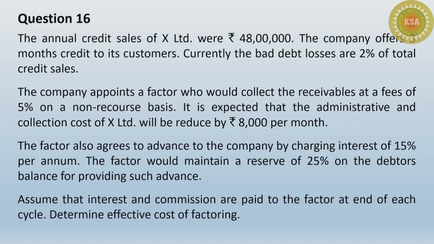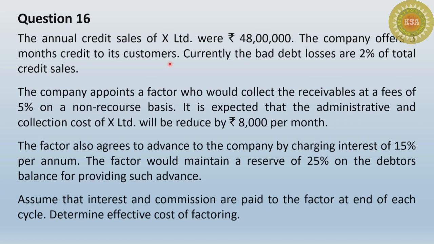So friends, first of all, when you are solving a question like this, you really need to understand how exactly you are going to take each and every calculation. Look at one thing. In the question, what is given is the total annual credit sales, that is 48 lakhs, and the company offers 3 months credit to its customers.